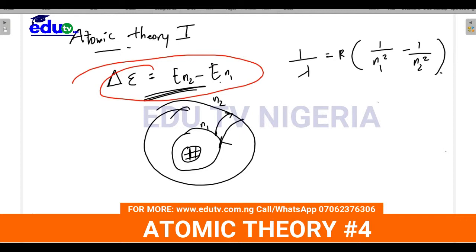So he related them, and he gave birth to the uncertainty principle. You can't actually find electrons or atoms exactly.